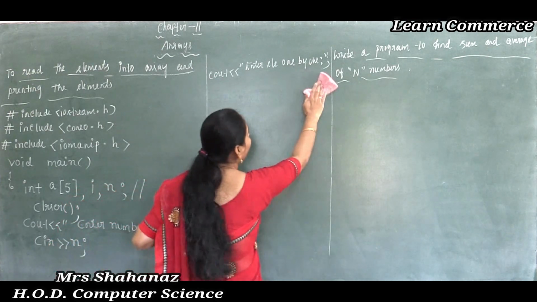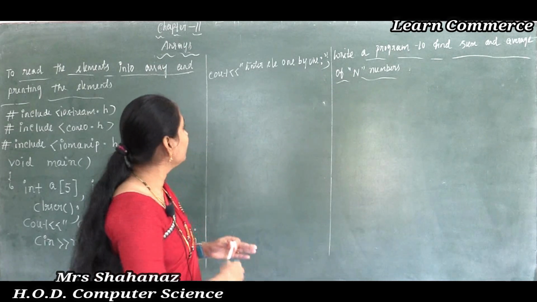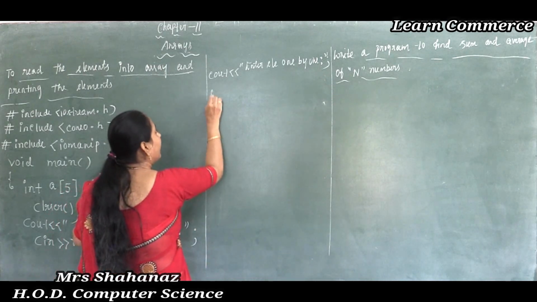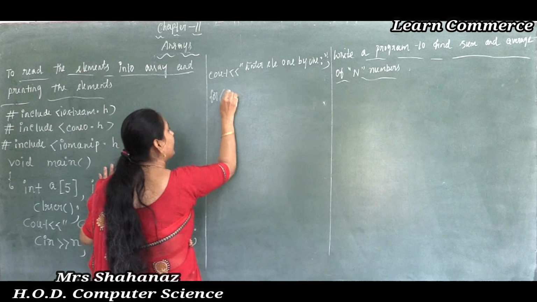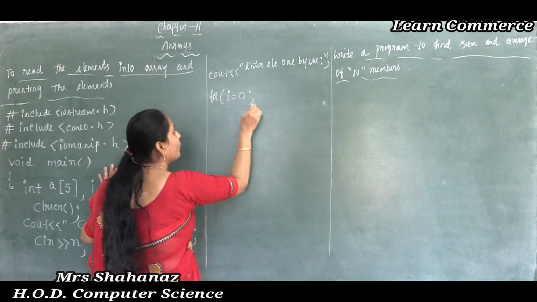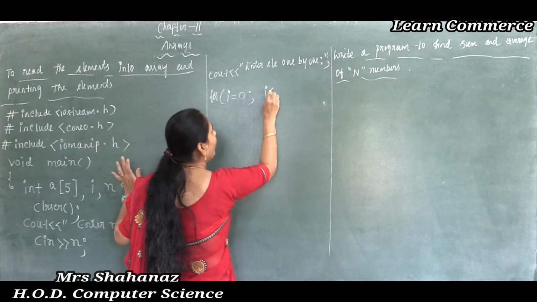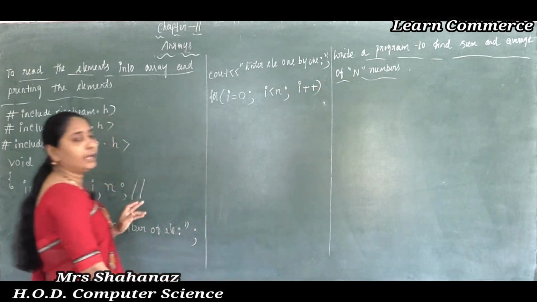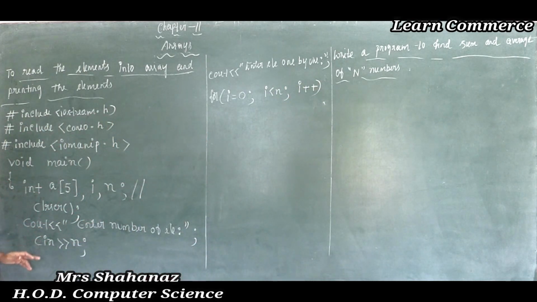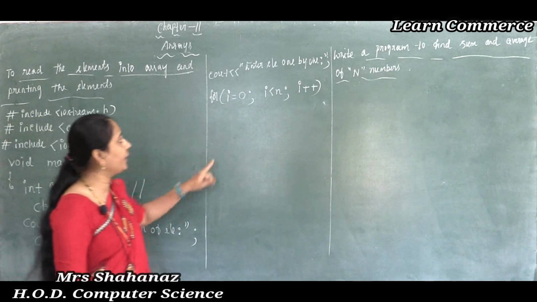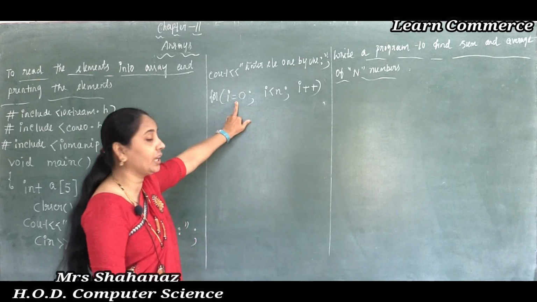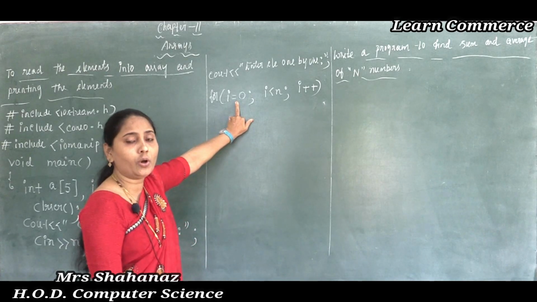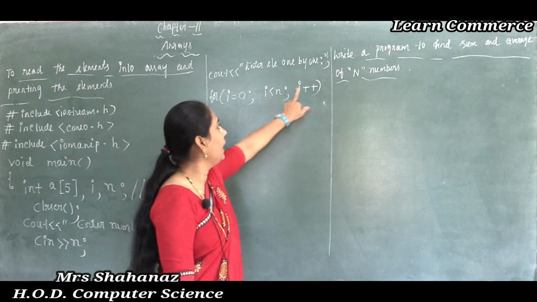So now after entering the elements one by one here, then I am going to access the values from the 0 position: i is equal to 0, i less than n, okay, till the number of elements the condition is going to be satisfied. So how am I writing the condition? For i is equal to 0 semicolon, i less than n, i plus plus.